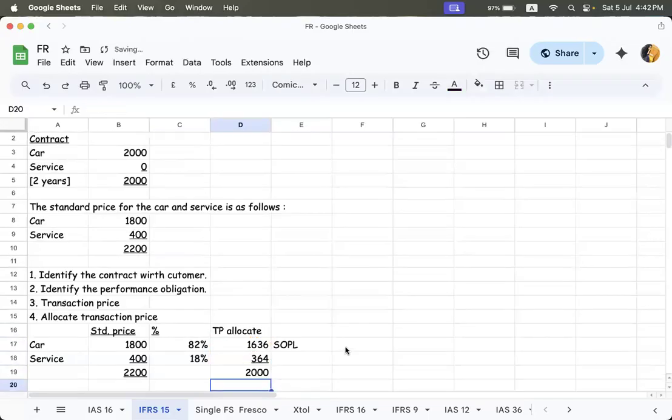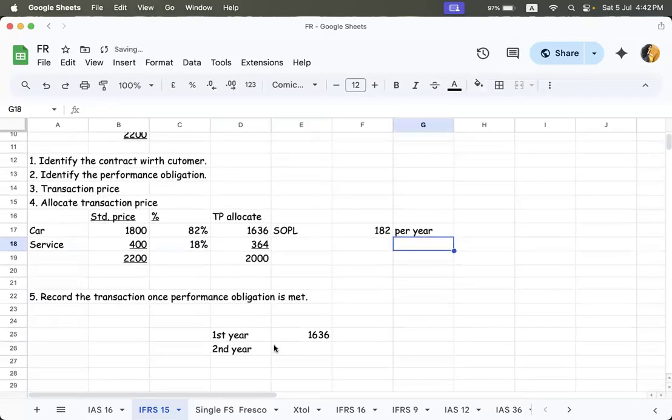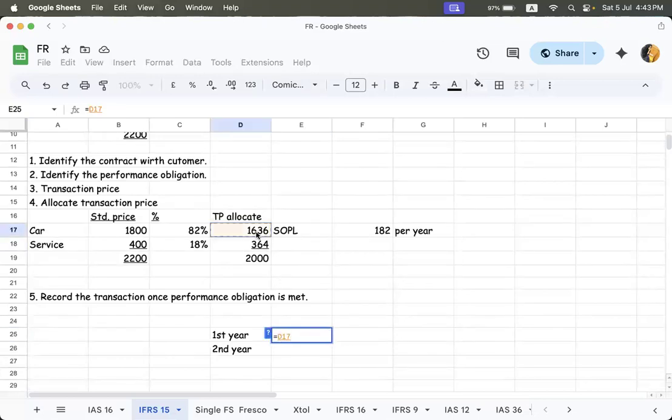So this is actually under SOPL. How do we record this? We're going to divide 364 by 2 because the service is given for 2 years. So it is realized as 182 in the first year and 182 again in the second year. If you are going to record the revenue in the first year, you're going to take it as the car price plus the first year service cost.